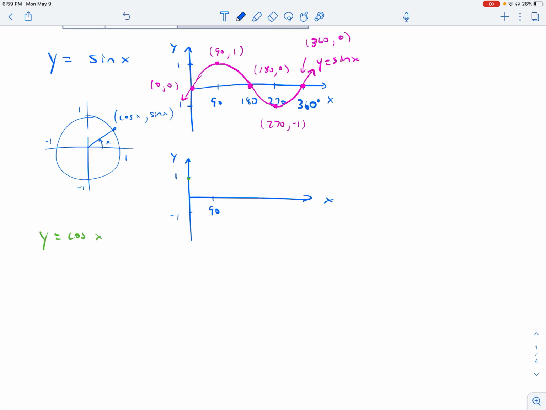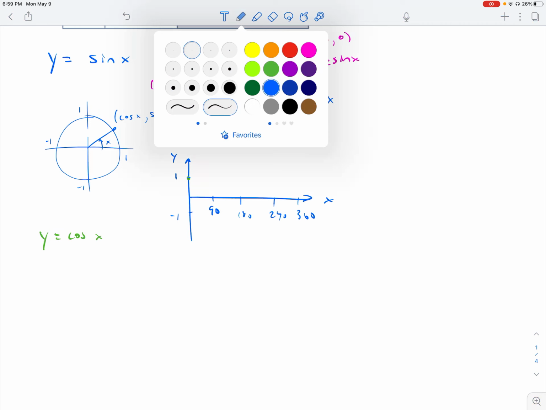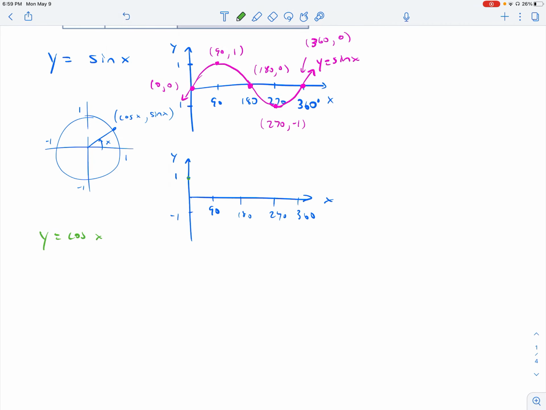If you want, we can label the rest, 180, 270, 360. So this point, sorry, let's redo this one again. When we rotate 90, my ordered pair right here is 0, comma 1. So that means cos of 90 is 0. Remember, it's always the x value. So we have a point right here.